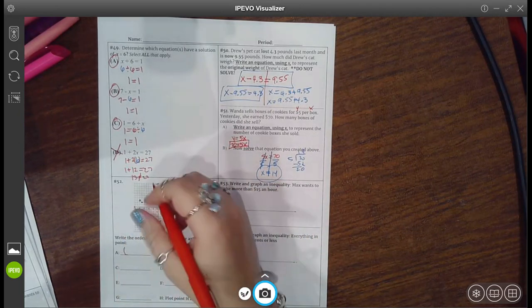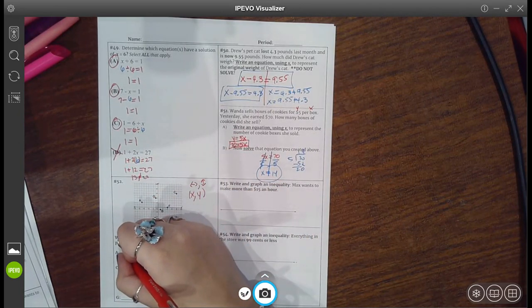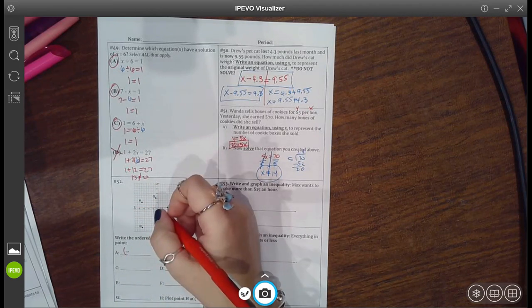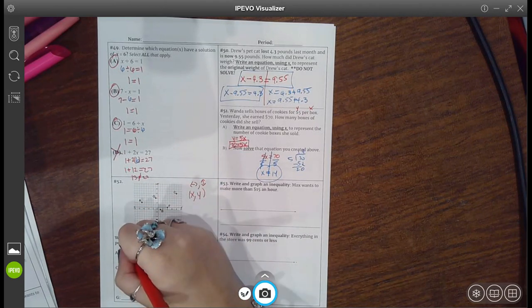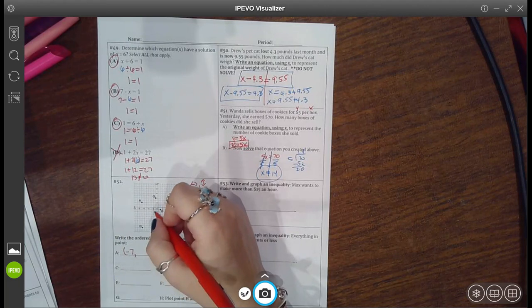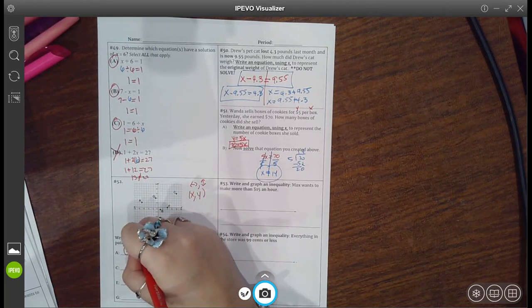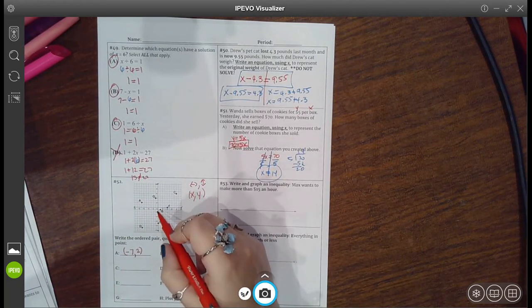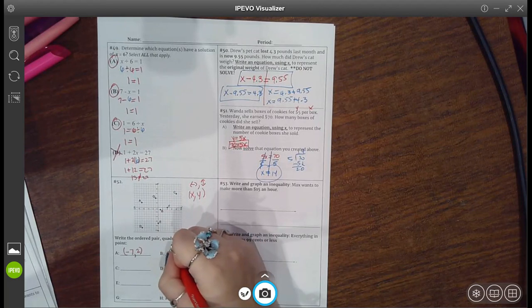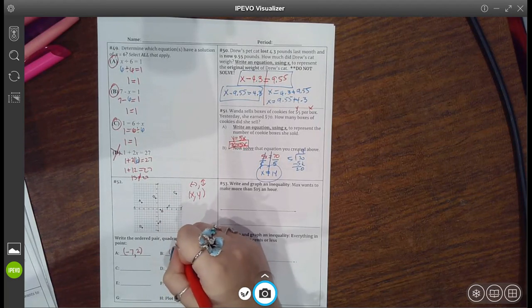Okay, so A goes left, so negative, and it goes left between 6 and 8, so that's -7, and then up 2. Okay, B goes to the right 1 and down 1.